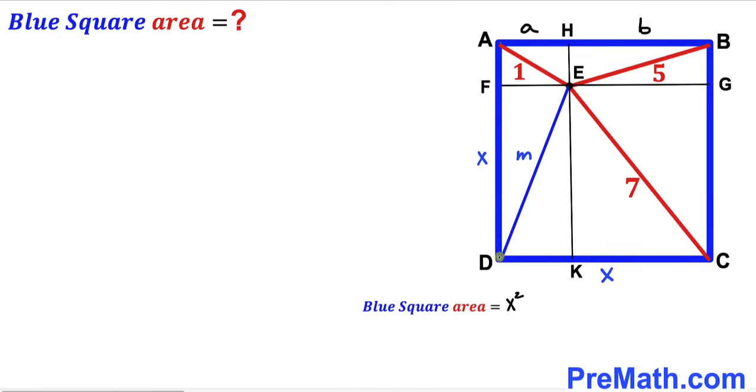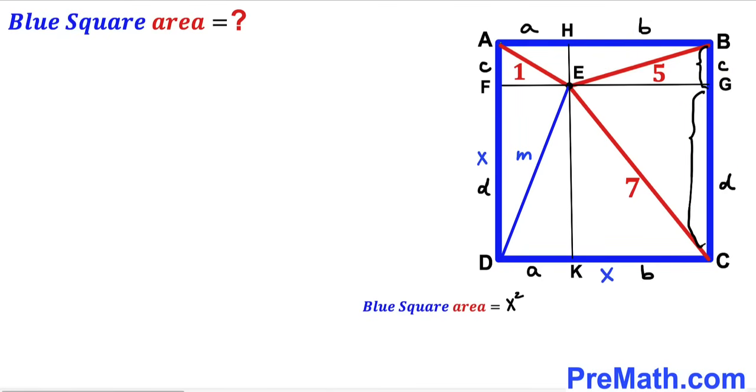Then this segment has to be lowercase a, and this segment has to be lowercase b as well. Likewise, I'm going to label the tiny segment AF length as c, and segment FD length as lowercase d. Then this segment length has to be c, and this segment length has to be lowercase d as well.